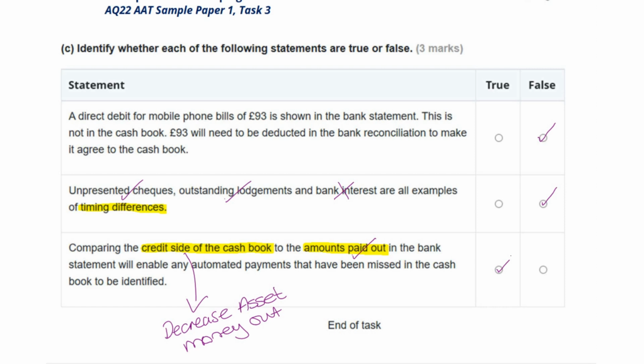The credit side in the cash book is money being paid out, we're decreasing our assets. Then you can connect that to amounts paid out in the bank statement, and check that it's automated payments. It's really about making sure you read those questions carefully. And that brings us to the end of task 3.